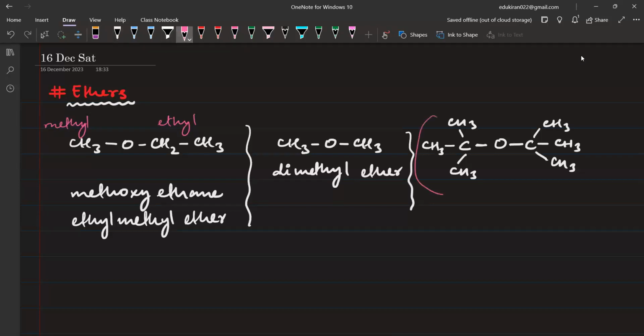Now this group is tert butyl. So what will we name it? We will name it di tert butyl ether. ठीक है, चलिए, write this down.